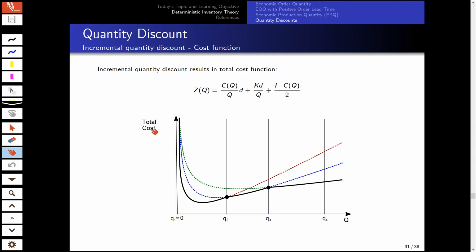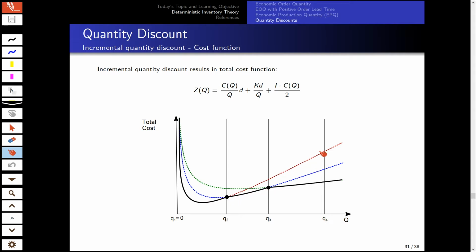So our total cost function looks like the following. It is similar to what we have seen for the EOQ formula, but now we have the speciality that depending on the quantities that we order, the prices get lower because of the discount in the purchasing cost.